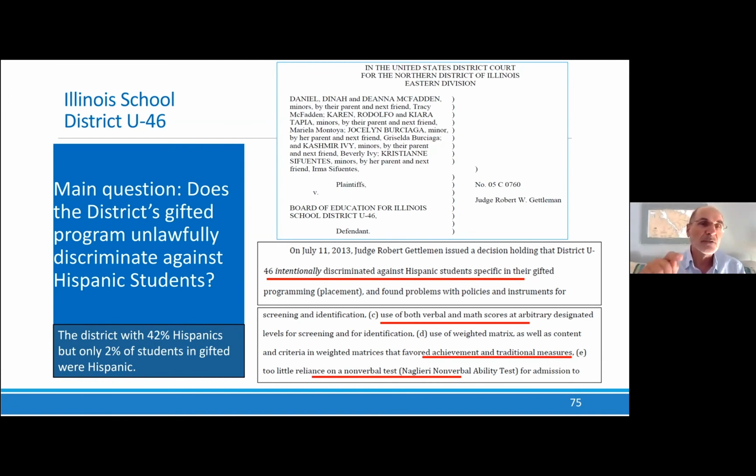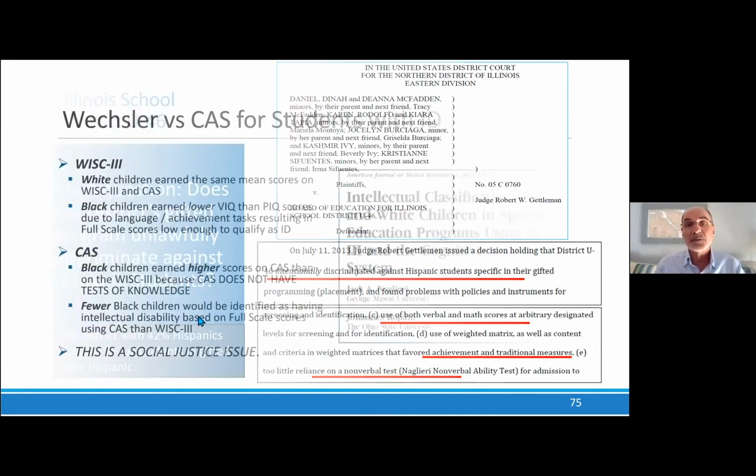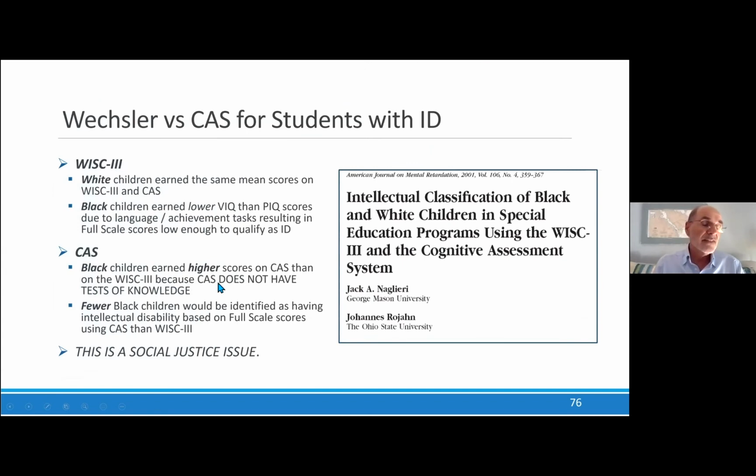There's a lot of implications for us in this court case, because we do this all the time when we give traditional IQ tests. And I think it's just plain wrong. In this particular paper that I published in the Journal of Mental Retardation in 2001, 20 years ago, we showed how you're more likely to put a Black kid in a class for intellectual disability if they were given a WISC than if they're given a CAS.